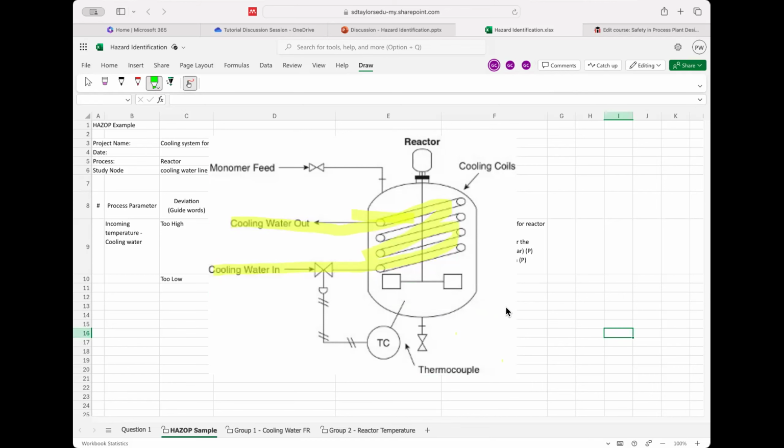The stirring itself will change the reaction, so the stirring will also be another thing that we will study.